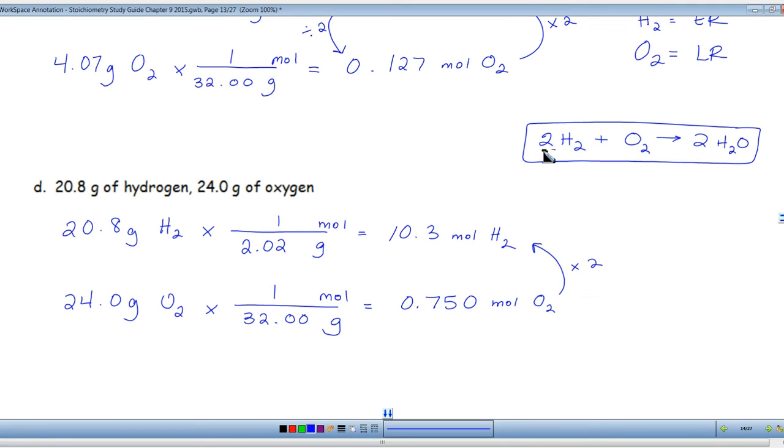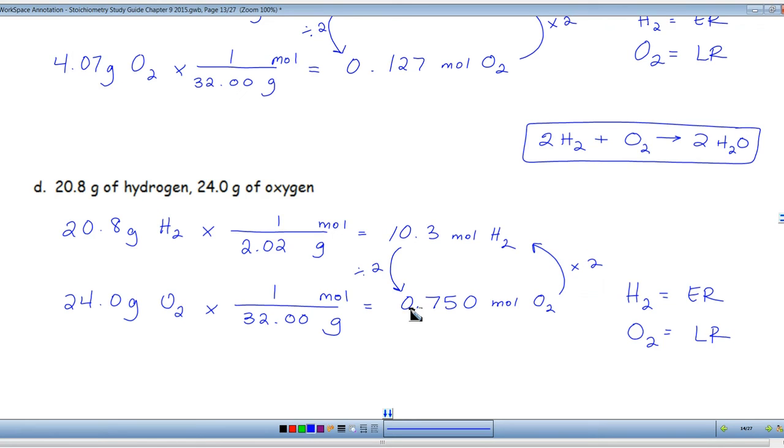We have way more than 1.5 moles of hydrogen. I have over 10 moles. No doubt in my mind. H2 is in excess. So I'm guessing by process of elimination that the oxygen is again my limiting reactant. And it is. If I think the other direction, if I take hydrogen and divide by 2, I always need half as much oxygen.